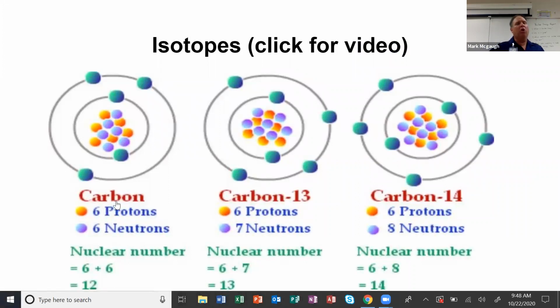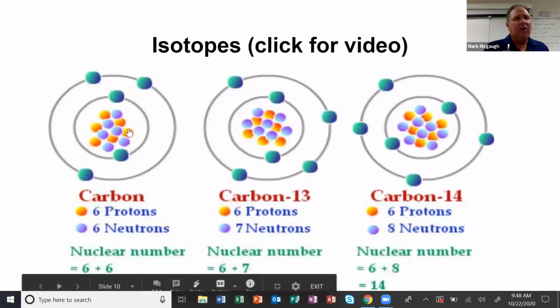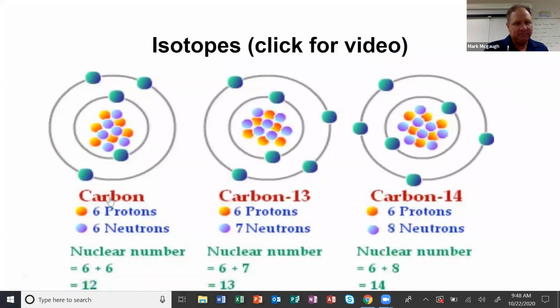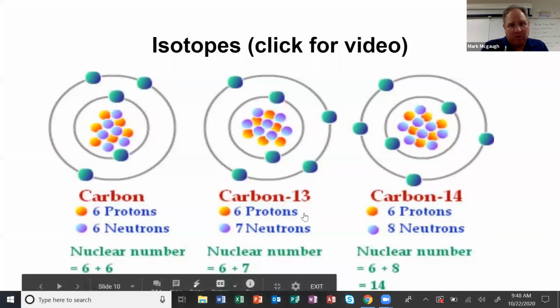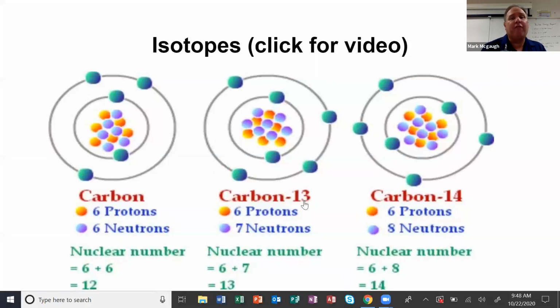The vast majority of carbons, well over 90% of them, have 6 protons and 6 neutrons for a mass number of 12. A few carbons have 6 protons and 7 neutrons for a mass number of 13.